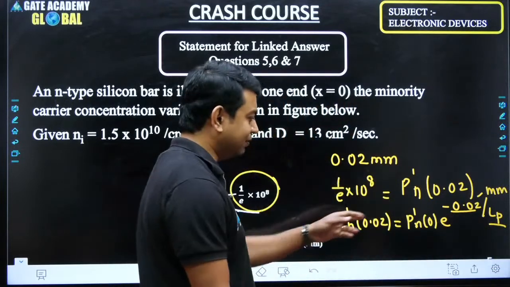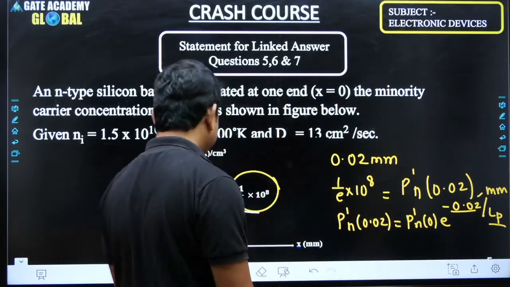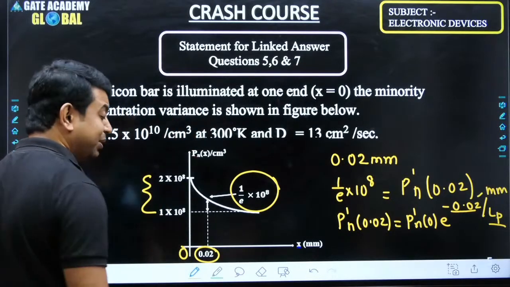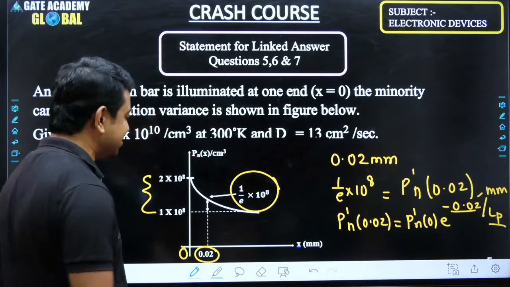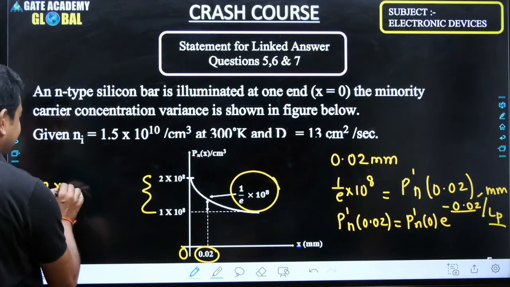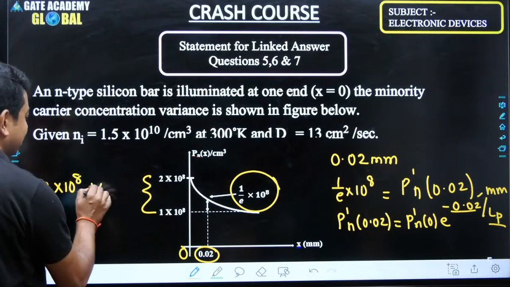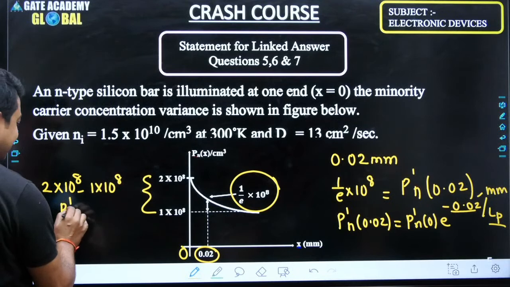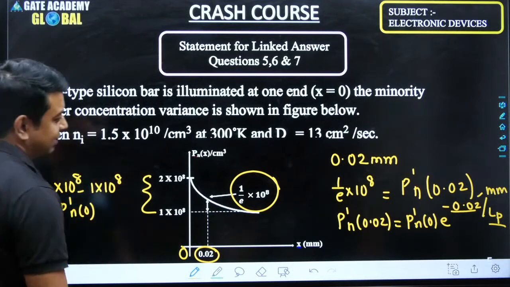Do you know the value of P dash n of 0? Yes, we know it. It is the excess concentration at distance 0, given by the difference of these two: 2 into 10 to the power of 8 minus 1 into 10 to the power of 8 gives the value of P dash n of 0. Everything is given in the graph.